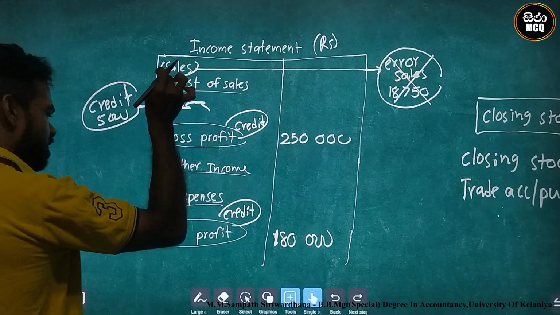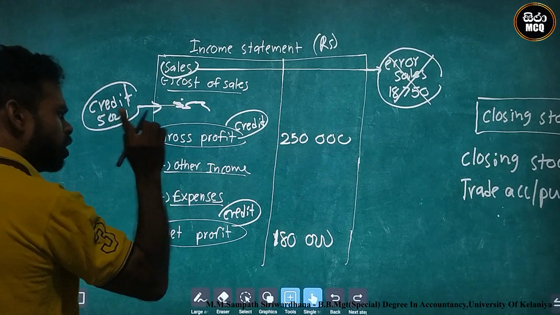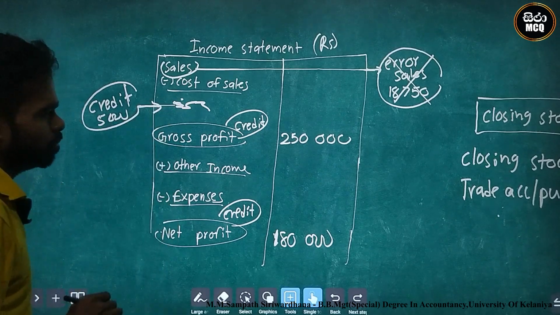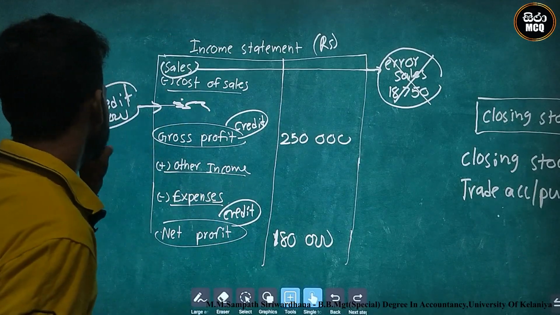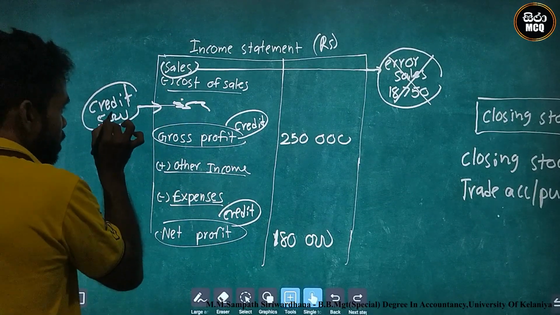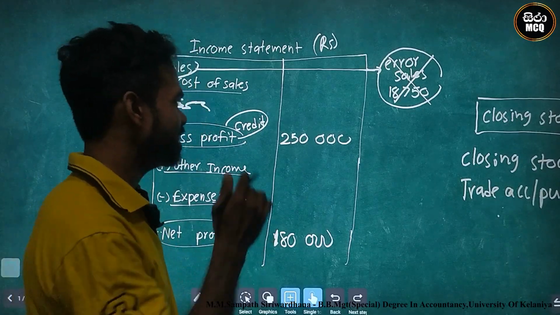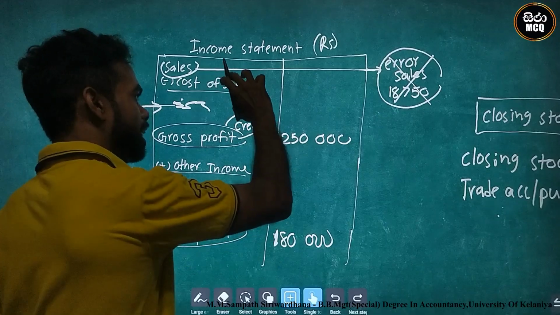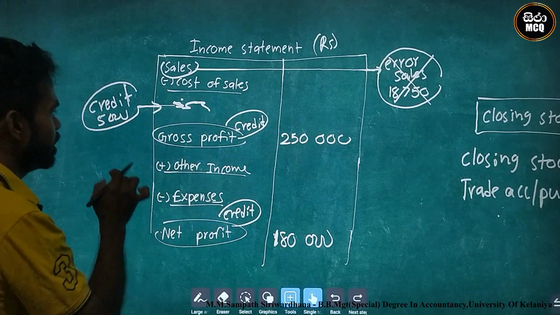Therefore, you can think this cost of sale already impact gross profit. Therefore, we must identify gross profit now. What is the short? Gross profit is impacted. Okay, the top of the area is impacted. Therefore, gross profit was impacted.